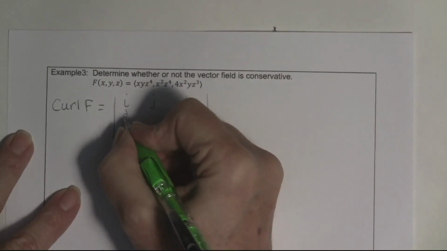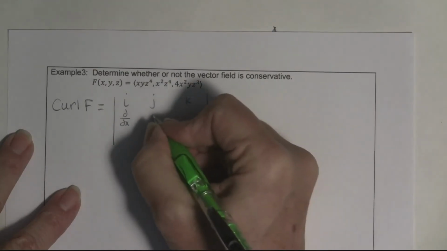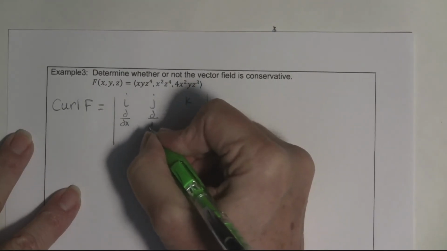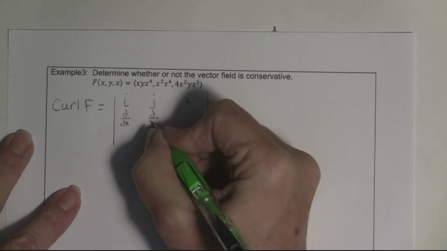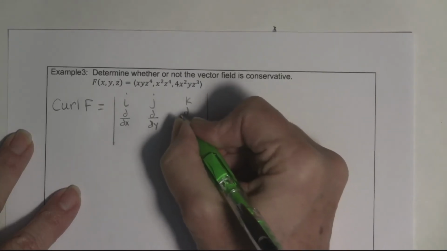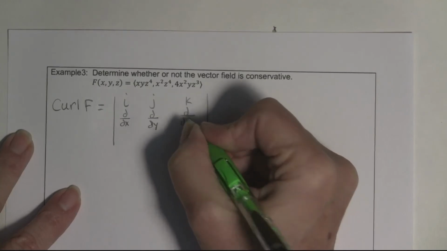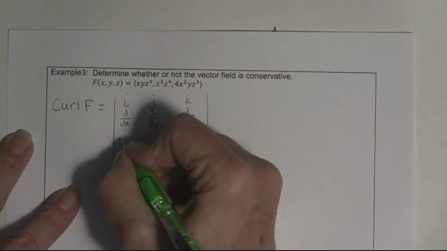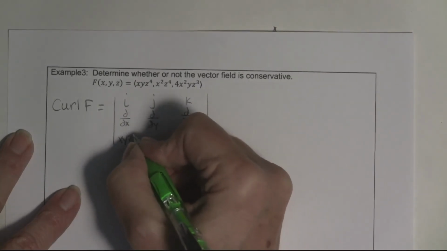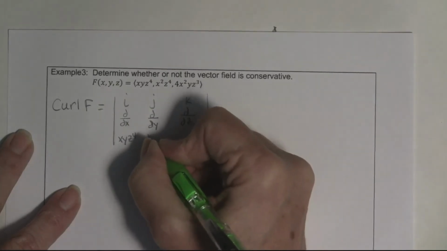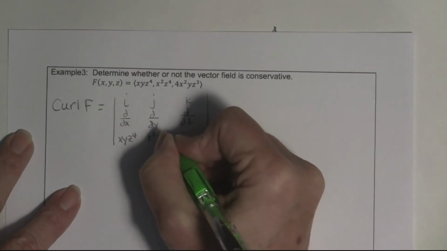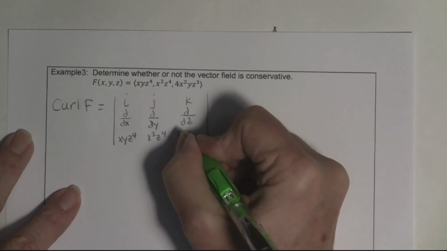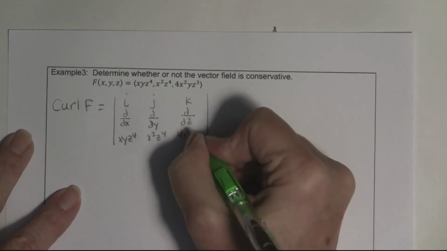This is kind of how I have it memorized, this procedure. And so this is xyz to the 4th, x squared z to the 4th, and 4x squared y z cubed.